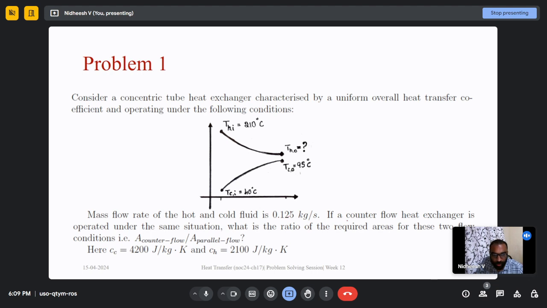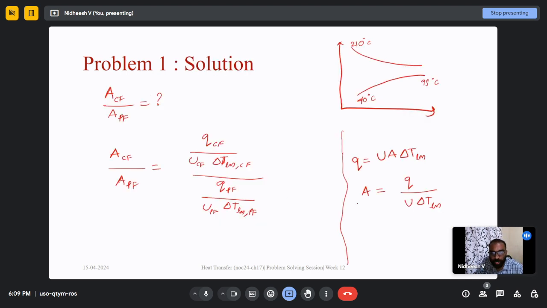If I go back here, if the counterflow heat exchanger is operated under the same situation, that means that this Q and U should be the same. Q counterflow should be equal to Q parallel flow, and U counterflow should be equal to U parallel flow.